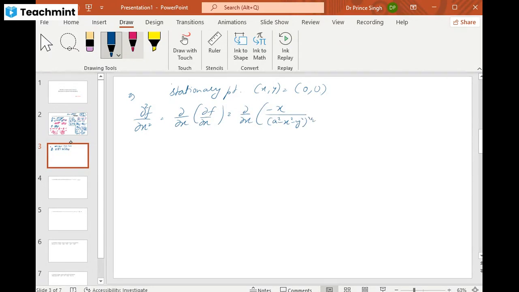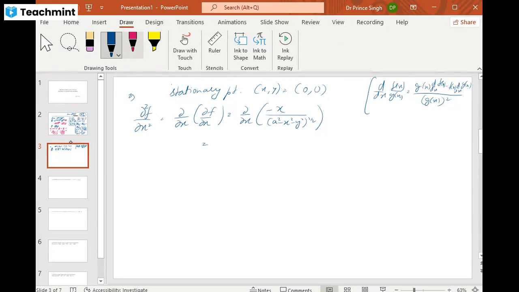Now this time we are going to use the quotient rule, that d/dx of f(x) upon g(x) is g(x) times the derivative of f(x) minus f(x) times the derivative of g(x), all over g(x) squared. So this is the quotient rule.